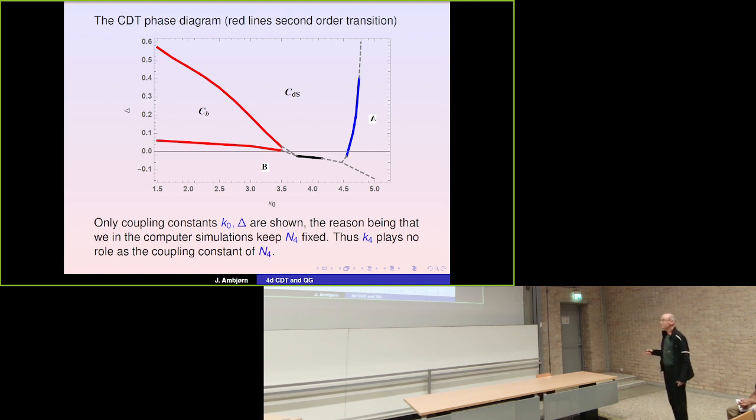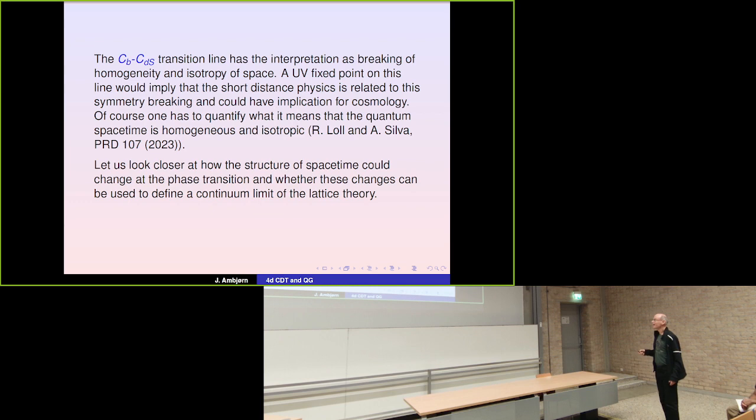And then it would be very nice if there was an ultraviolet fixed point somewhere, maybe here. This almost screams to us that if there is an ultraviolet fixed point, it should be here. And I should also say that this would mean that there would be ultraviolet short distance physics associated with this breaking of symmetry.